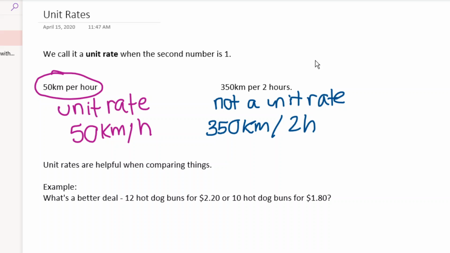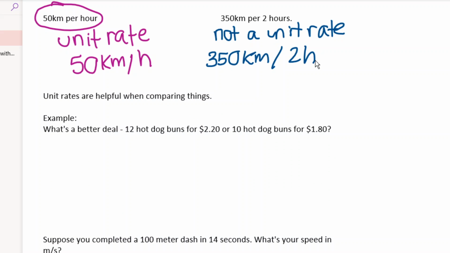And this distinction is important because we like unit rates. Unit rates are very helpful when comparing things. And we'll see this in an example here. The question is, what's a better deal? 12 hot dog buns for $2.20 or 10 hot dog buns for $1.80? You might be wondering, it's 40 cents. What's the big deal? Sure, whatever.